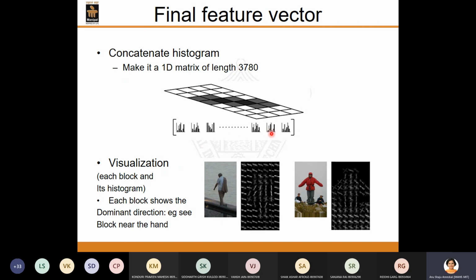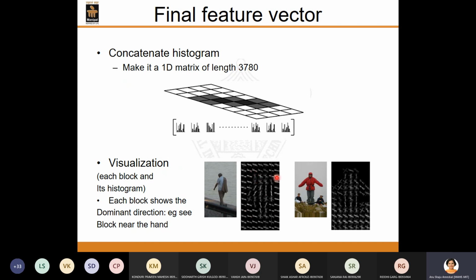Now, if I try to visualize the HOG for an image, it would look somewhat like this. This was the image shown earlier of a person who is walking along a particular lane or a small path over here, right?